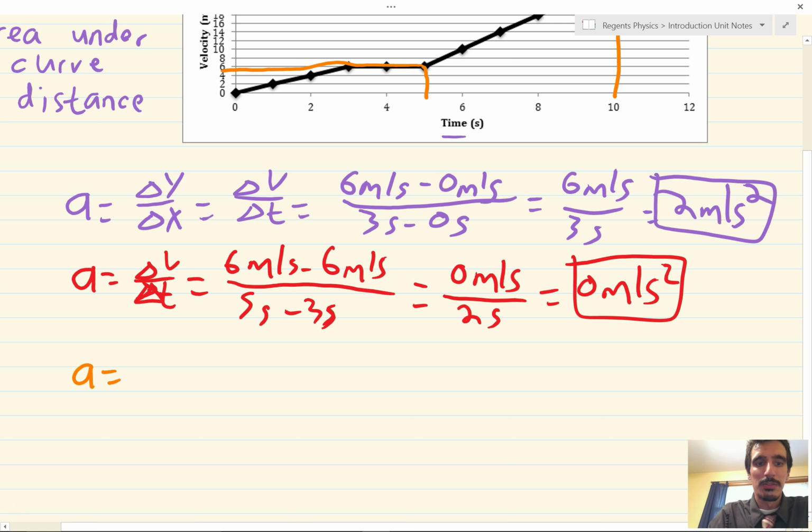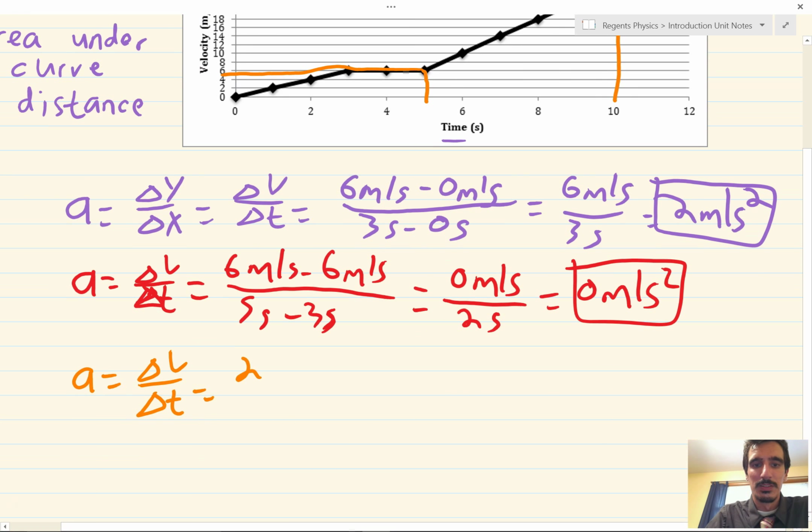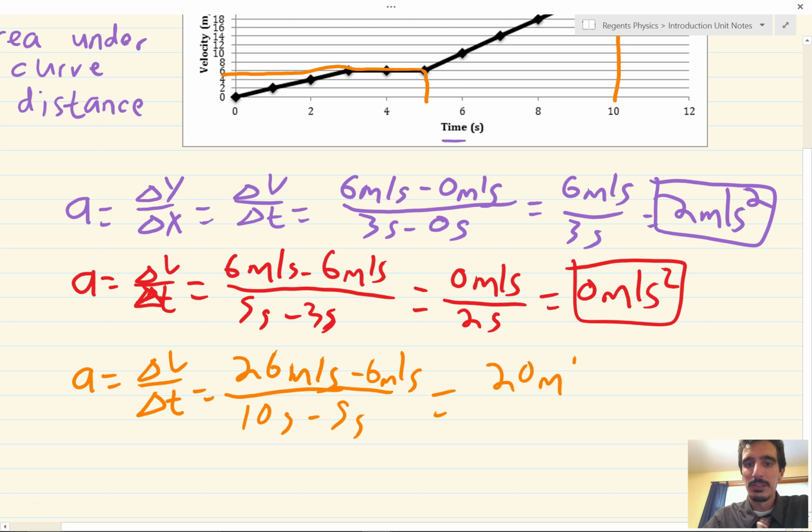So a equals delta v over delta t, which equals 26 meters per second minus 6 meters per second, divided by 10 seconds minus 5 seconds, equals 20 meters per second, all over 5 seconds, which simplifies to 4 meters per second squared.